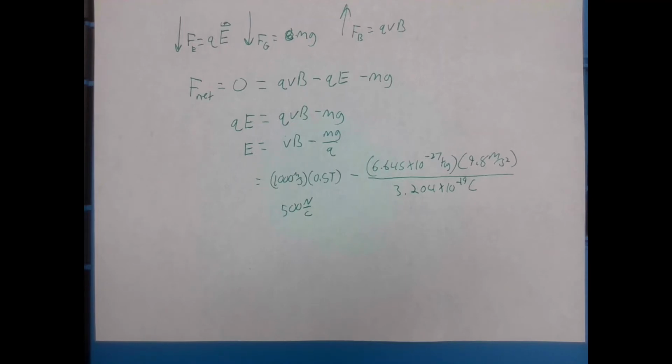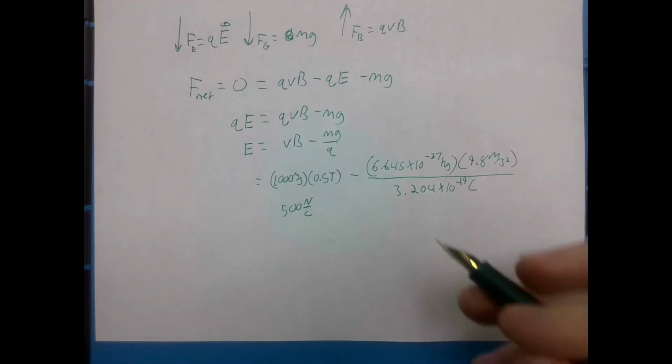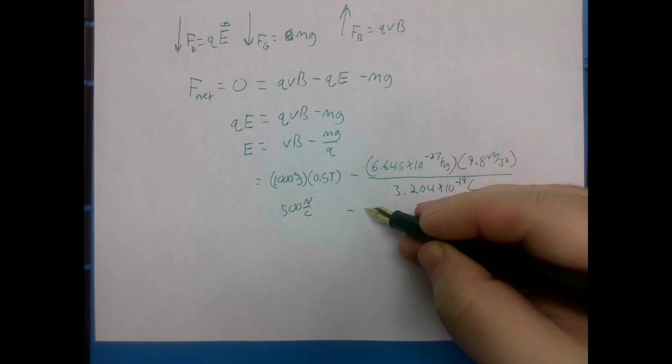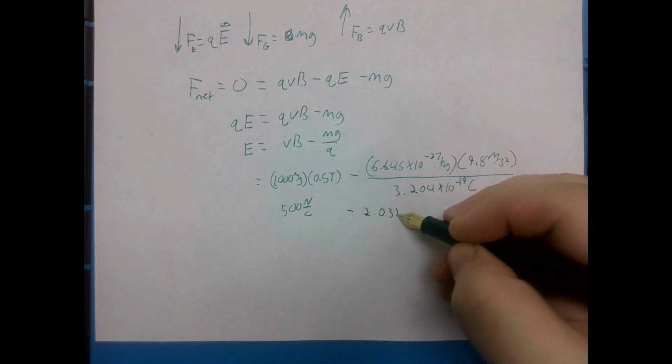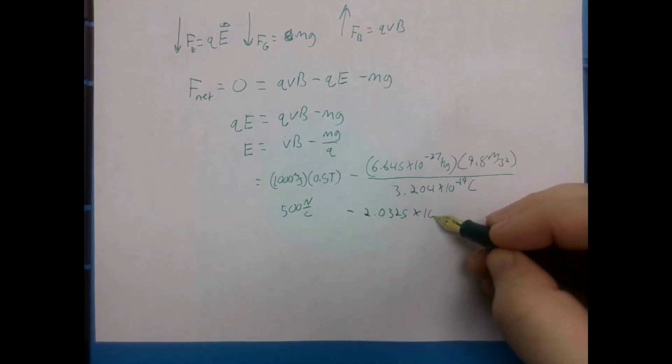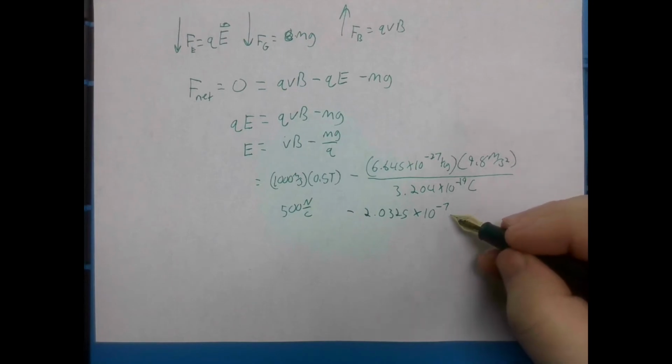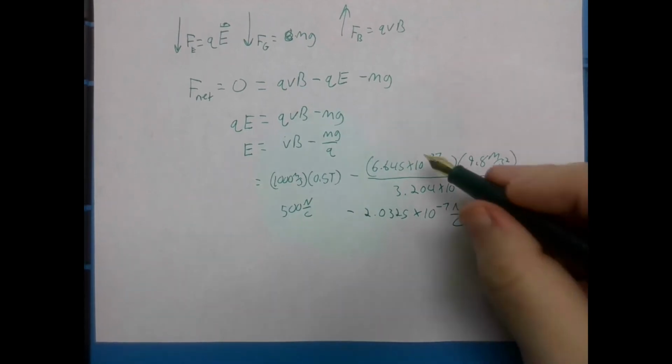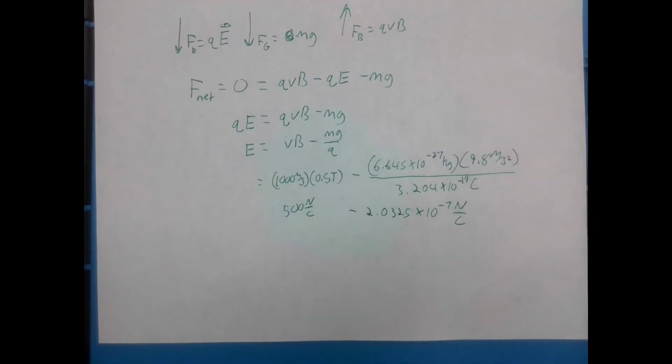And let's see what that gives us. Should be a crazy small number. So minus 2.0325 times 10 to the negative 7 newtons per coulomb. Kilograms times meters per second squared is a newton.